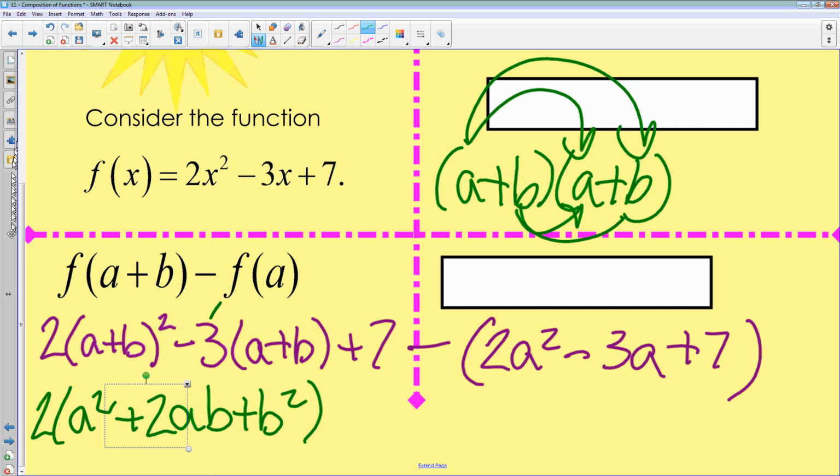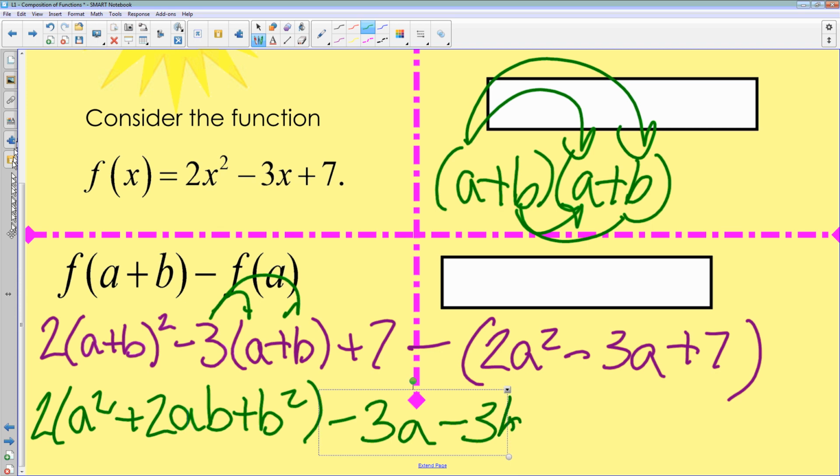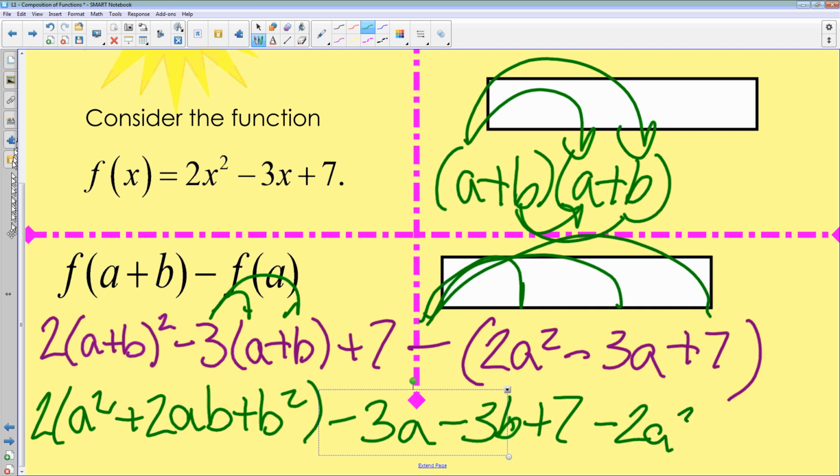I'm going to distribute this 3 through, so that's going to be minus 3a minus 3b plus 7. Then I'm going to distribute my negative sign through, so that's going to be minus 2a squared plus 3a minus 7. All right, I'm almost ready to combine my like terms.